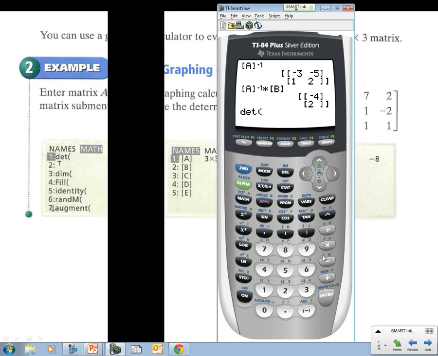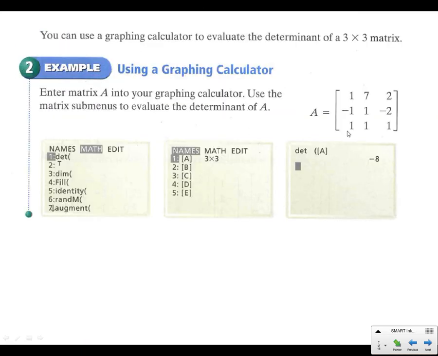We can hit that, and then we can figure out any of our matrix determinants. So I think I have some stored in here. Yep. Let me figure out the determinant of A that's stored in there, and it would give me a number. So on this one, the determinant of a 3x3 is a little tedious to do by hand, so we can punch it into our calculator as well.